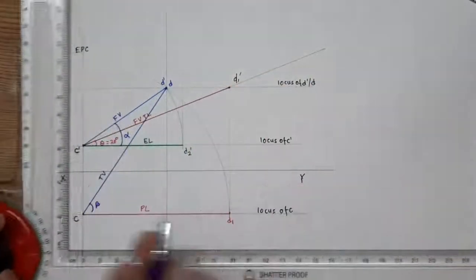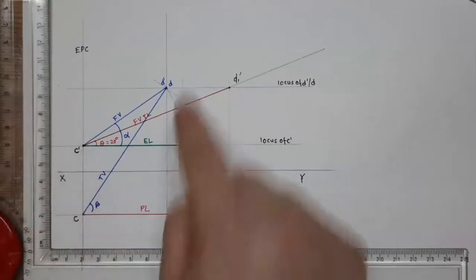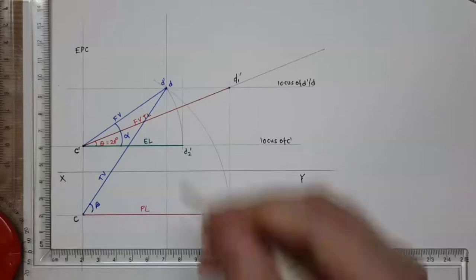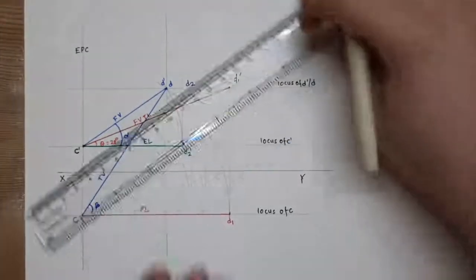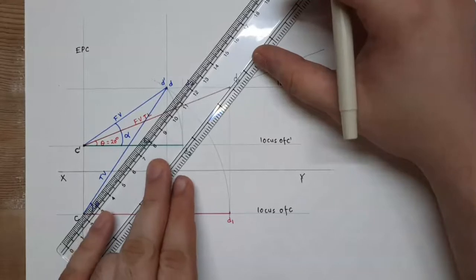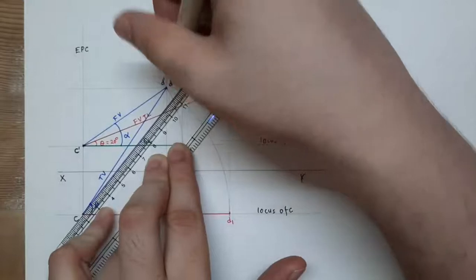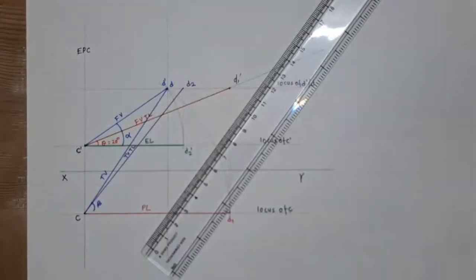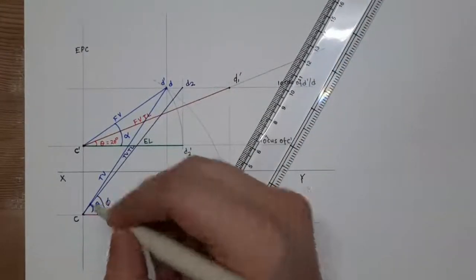The point of intersection with the locus of D dash and D on the projector of D2 dash, I will name that point D2. The last step says I have to connect CD2. Once I connect CD2, this will be my top view true length, and the smaller angle will be phi.